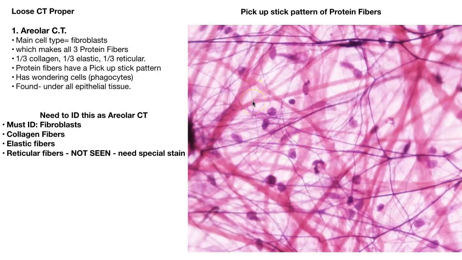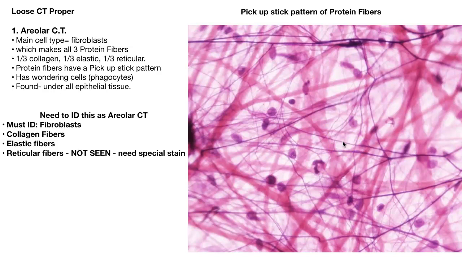Now we said areolar connective tissue has all three protein fibers, but you need a special stain to see the reticular protein fibers, so you can't see them here. But on any exam or quiz, I could say, what kind of protein fiber is this one? And you would say collagen. What kind of protein fiber is this guy right here? This is elastic protein fiber.